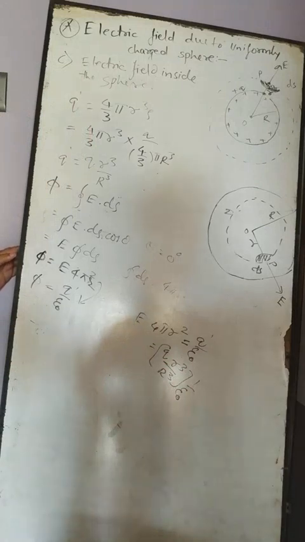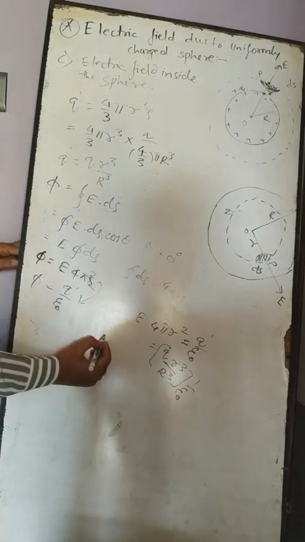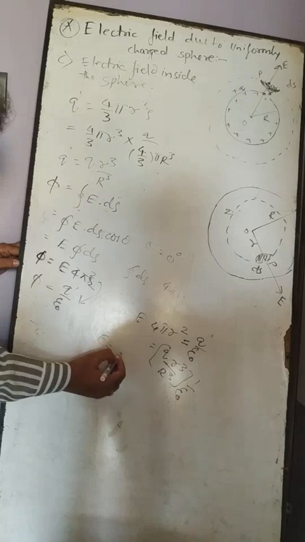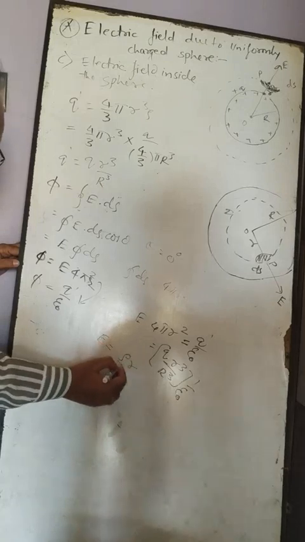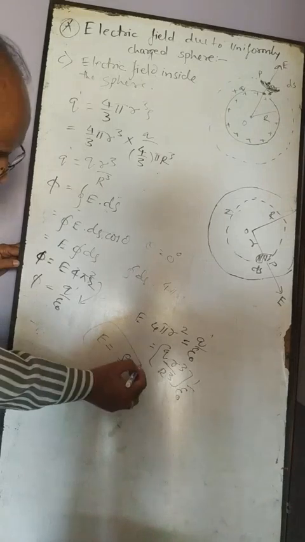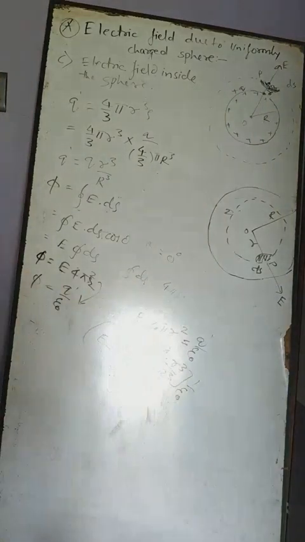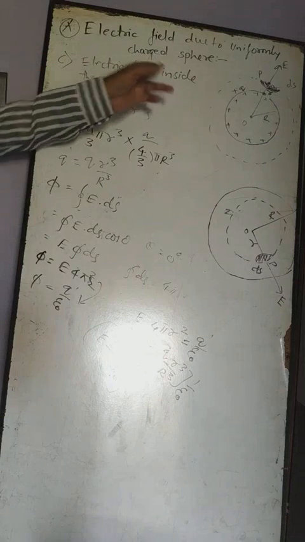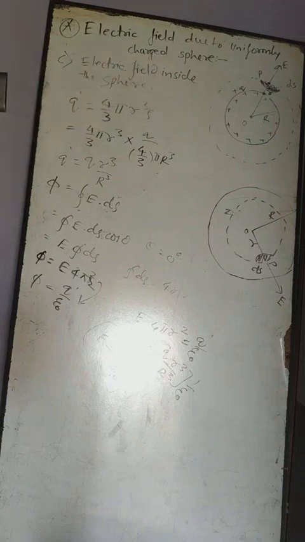Finally, rearranging, E is equal to rho r divided by 3 epsilon naught. This is the expression for the electric field inside the sphere.